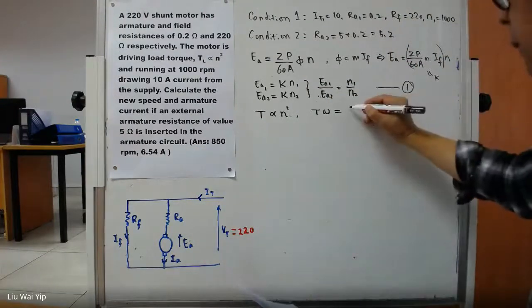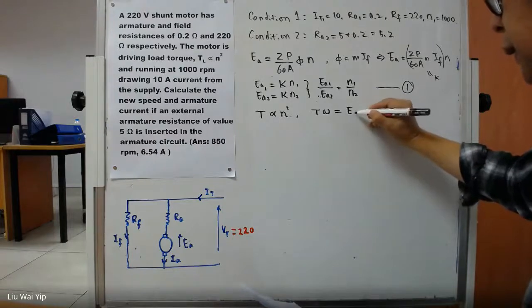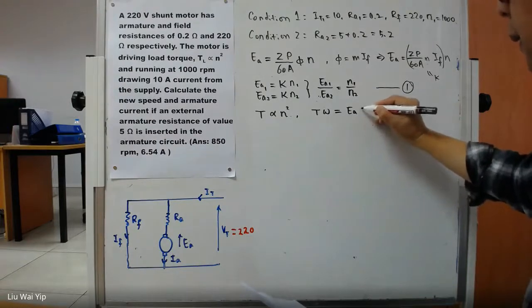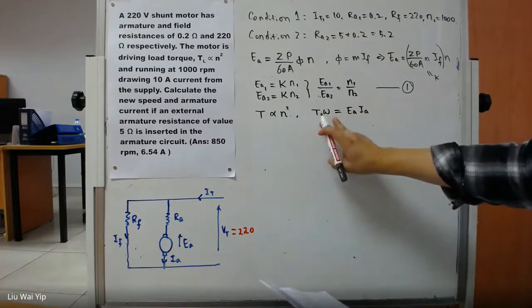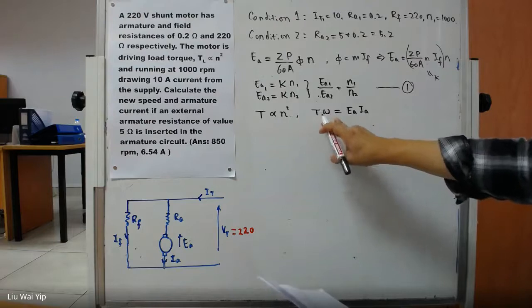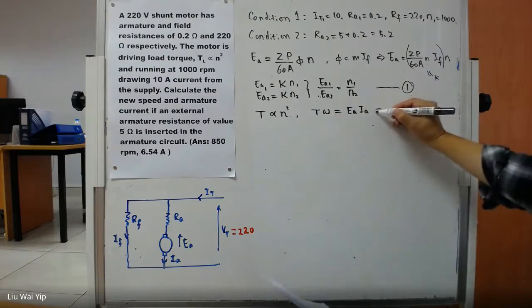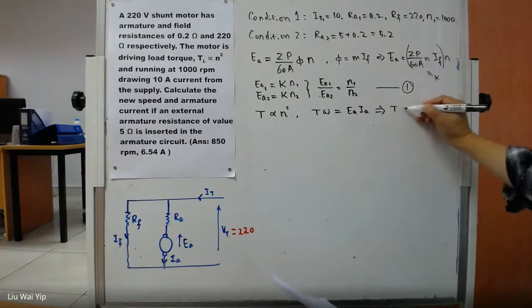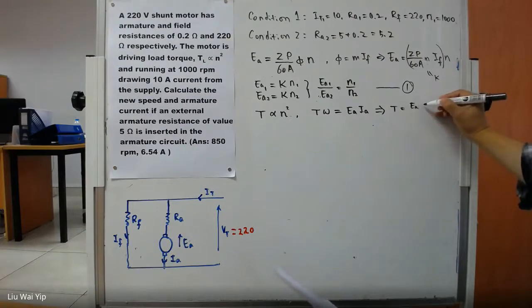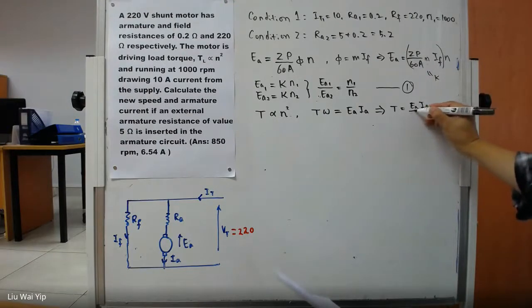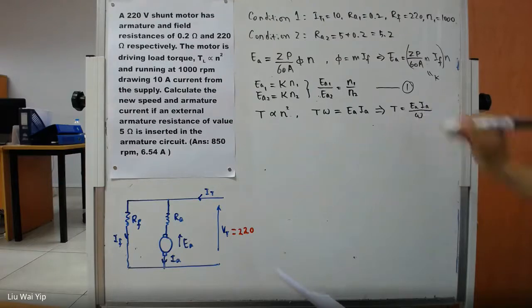In this case, it should be EA IA. So in this expression, we can conclude that T is equal to EA, the armature voltage, and armature current, divided by omega.